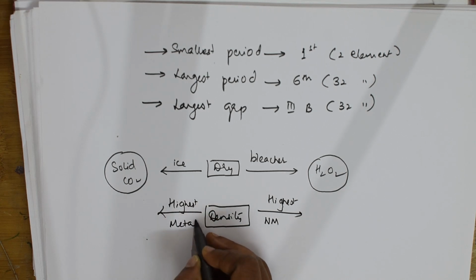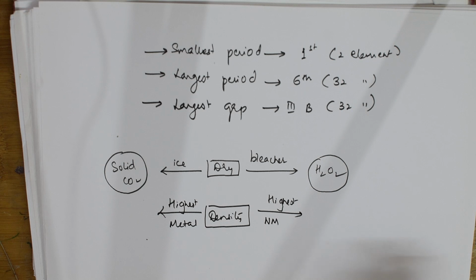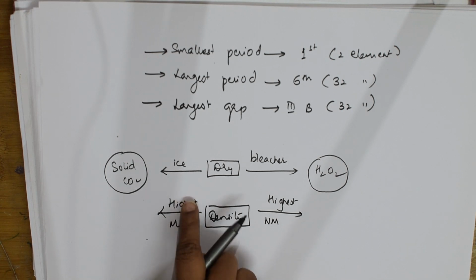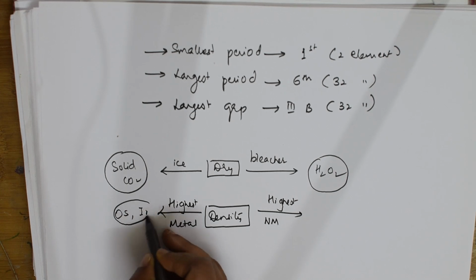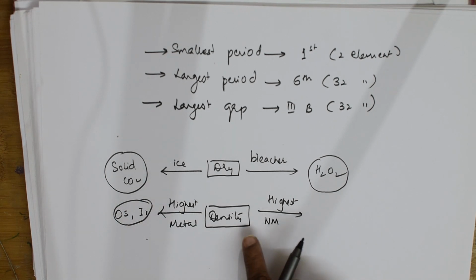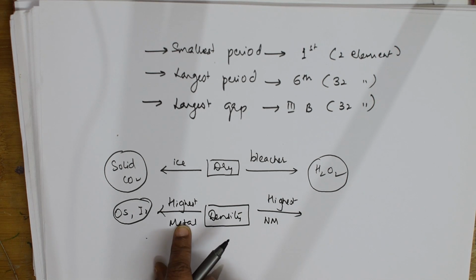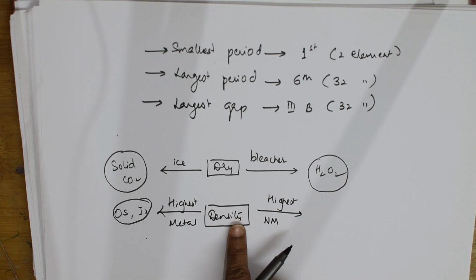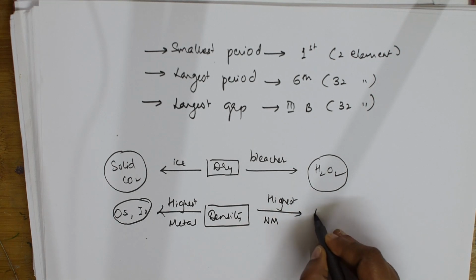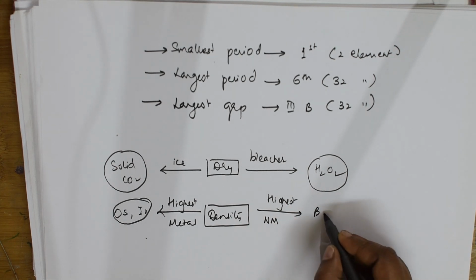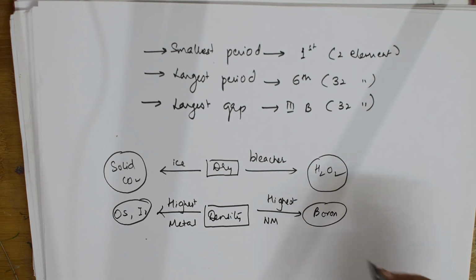It is the same thing, but here I am writing in terms of non-metal and metal. The metal with highest density is nothing but osmium and iridium. The non-metal with highest density is nothing but boron. Right, students, I hope this is clear.